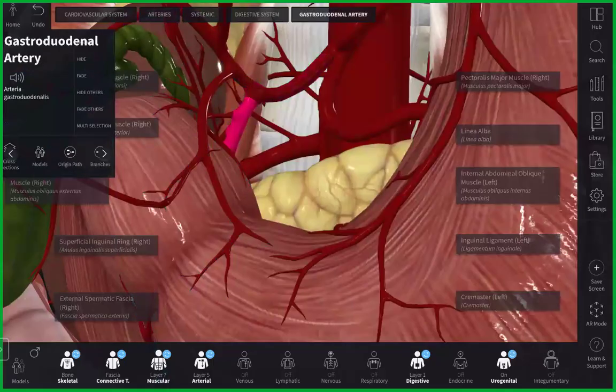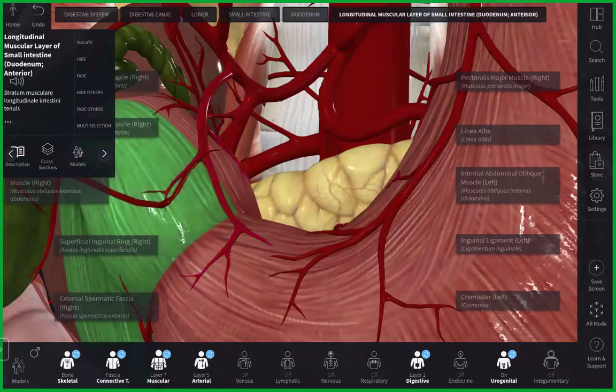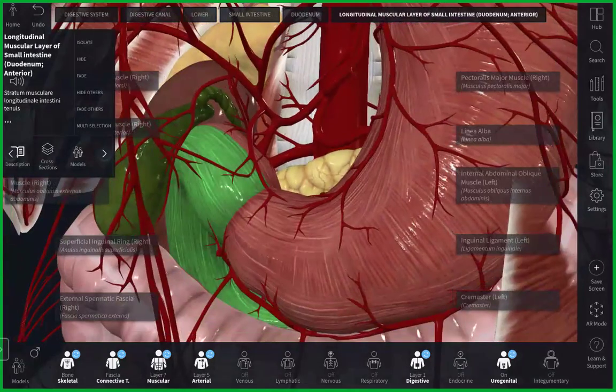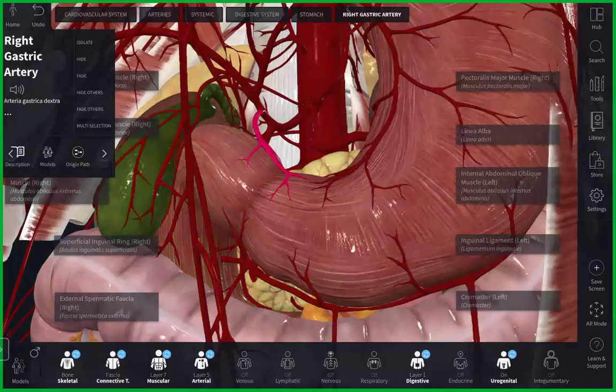The first thing you need to remember is the gastroduodenal artery. So the common hepatic artery first gives the gastroduodenal artery. Then it will give the right gastric artery that will supply our pylorus or pyloric antrum. Okay. So this is a small artery, the right gastric artery.